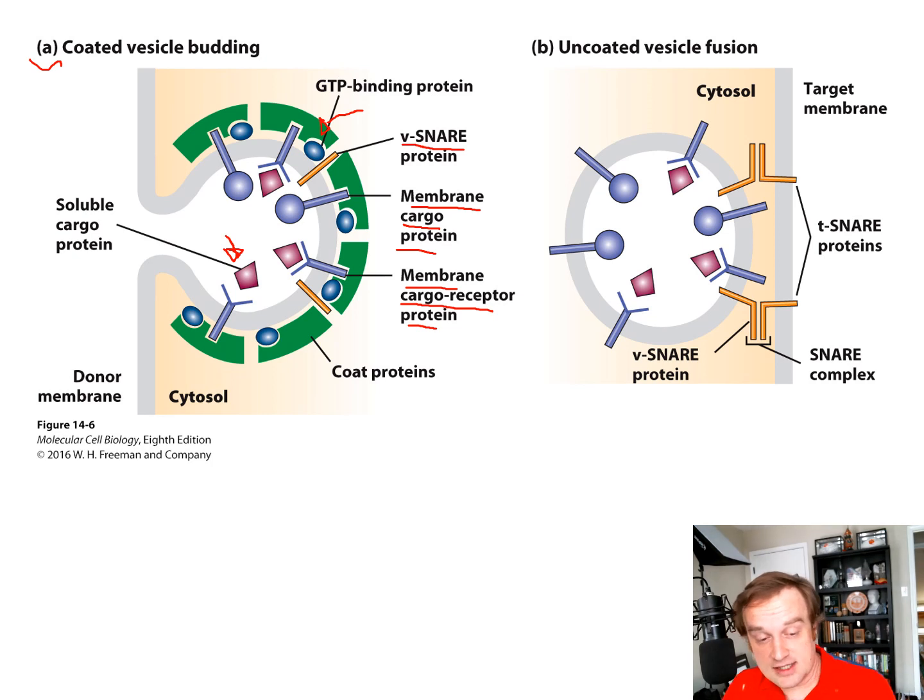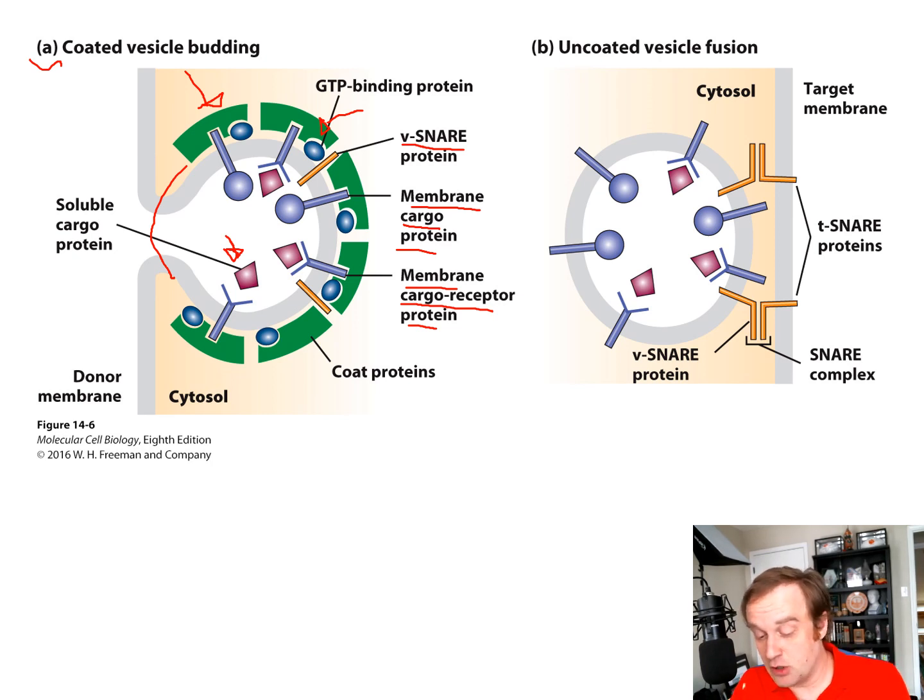And so once the coat proteins, as you can see, they're kind of shown to be like semicircles or curved, concave, I guess would be a good way to put it, when they bind to this membrane, they form it to their shape and kind of pinch it off, right? And so they end up closing off this vesicle. And then once that vesicle gets pinched off, in the cytosol, those coat proteins are then removed.